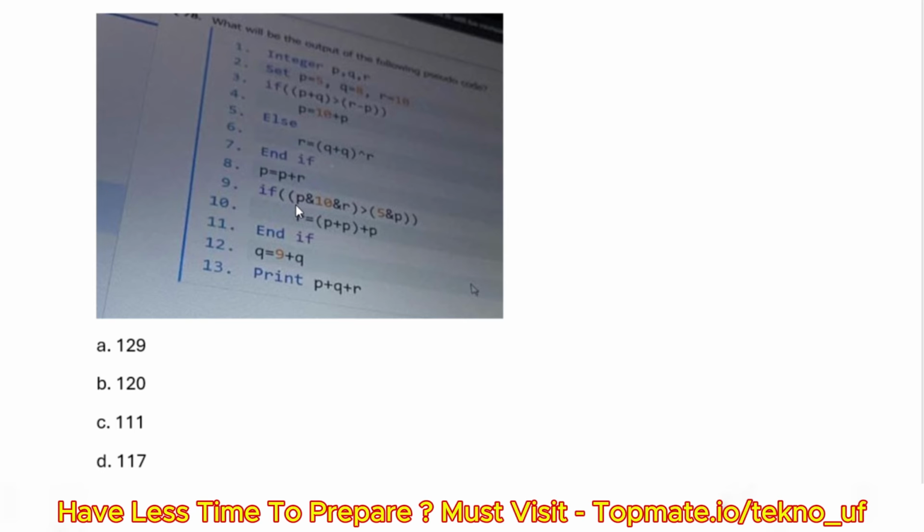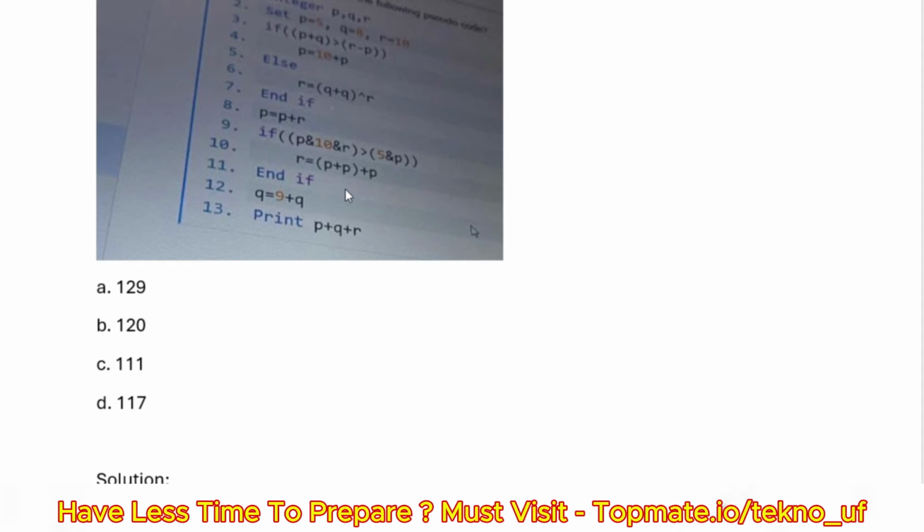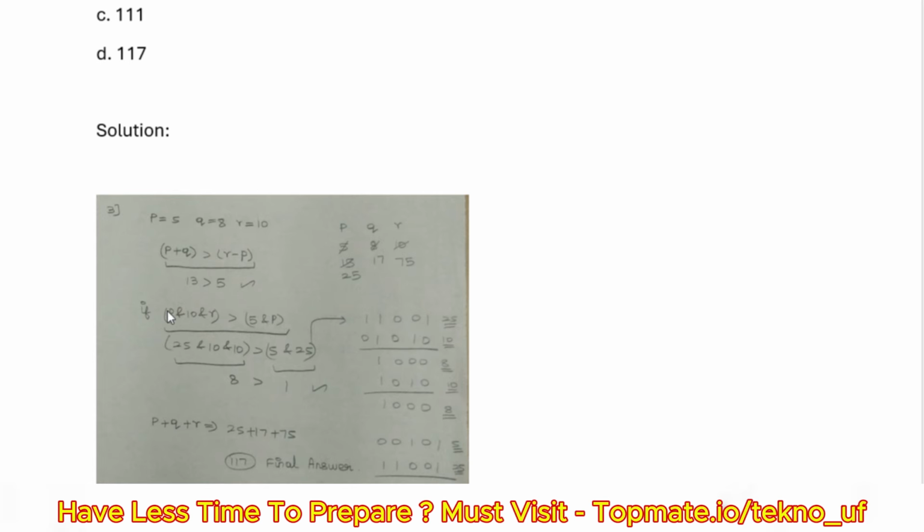So first we evaluate p and 10. The value of p is 25 and the other value is 10. We evaluate the AND operation bitwise, and after evaluating we get 1 0 0 0. Then 25 and p will become 8.